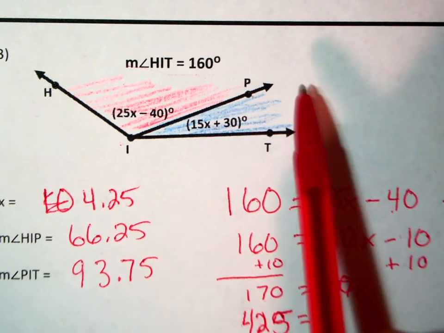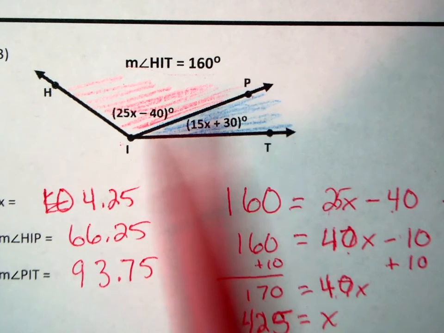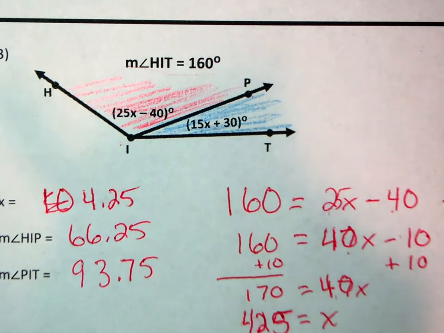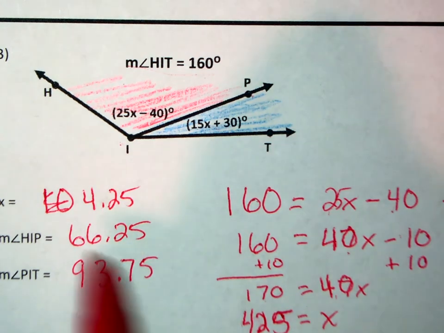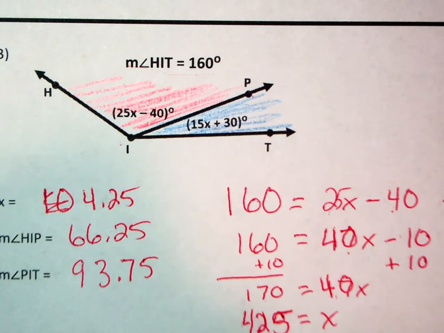Either way, I'm going to determine that the measure of angle PIT is 93.75 degrees. 93.75 and 66.25 add up to 180 degrees.